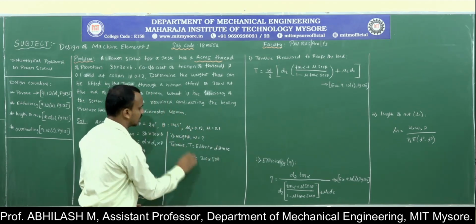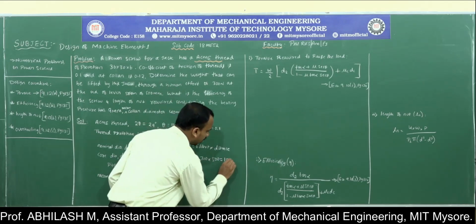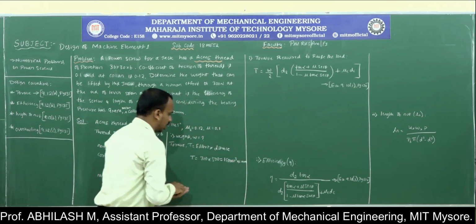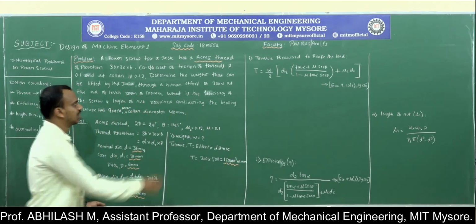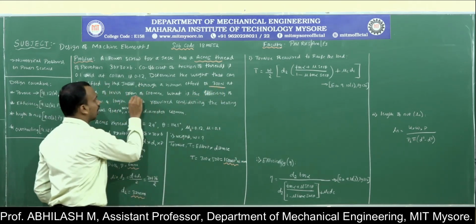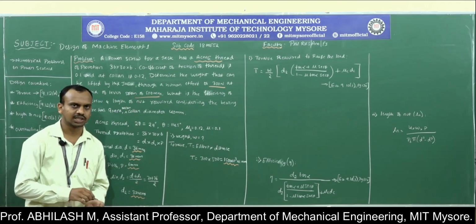So the value is 300 into 500, which will be 150 into 10 to the power of 3 Newton millimeter. So this is the amount of torque that is applied. With the given data of effort and the distance, we have calculated the amount of torque that is applied.